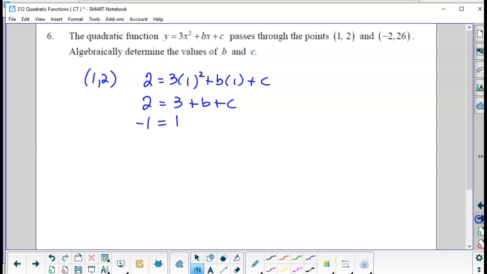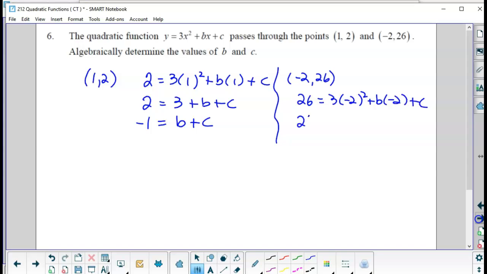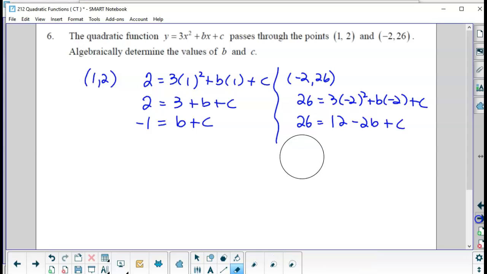So that would be negative 1 equals b plus c. Then for negative 2, 26, we would have 26 equals 3 times negative 2 squared plus b times negative 2 plus c. 4 times 3 is 12 minus 2b plus c. So that's 14 equals negative 2b plus c.